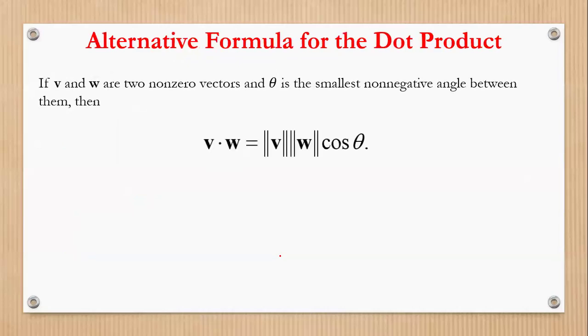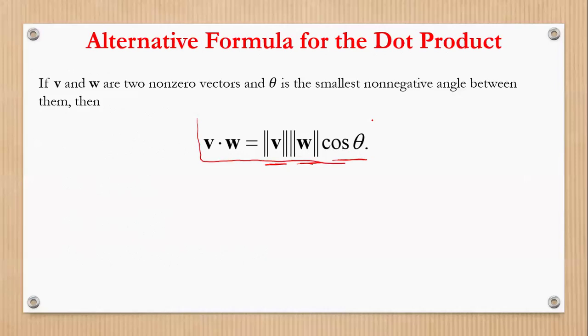We have another formula for the dot product, but this time it uses the magnitude and the angle between the vectors. If v and w are two vectors and theta is the angle between the vectors, we can also say that the dot product of v and w is the magnitude of v times the magnitude of w times the cosine of the angle between them.